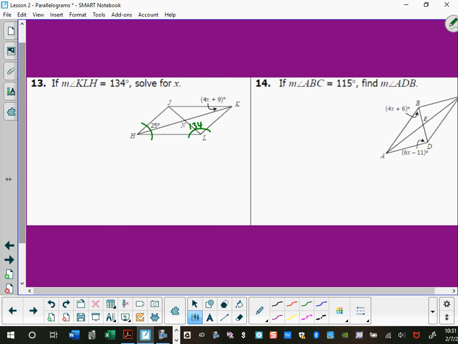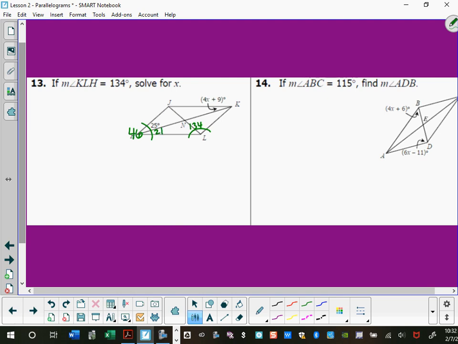Well, it's 180 minus 134. 46. So that means that this angle here is 46. They already told me that part of it was 25. If part of it is 25, what's the other part? 46 minus 25, which gives me, you should get 21.